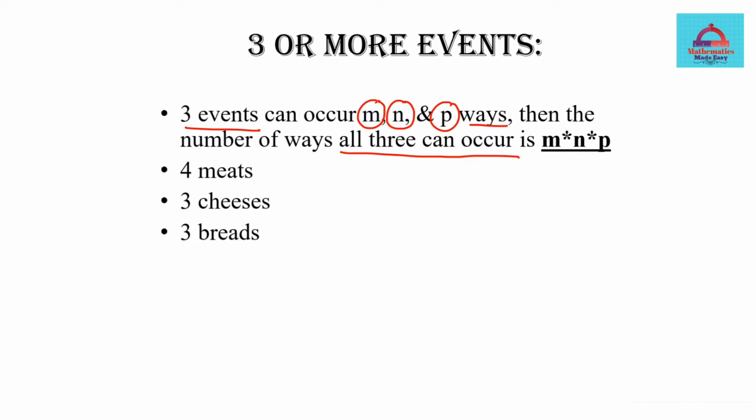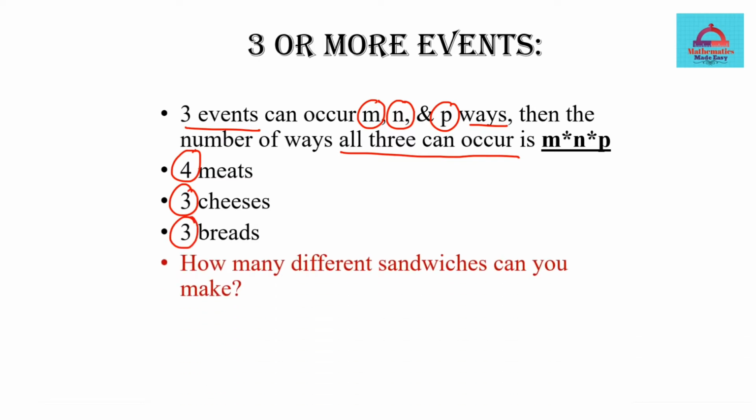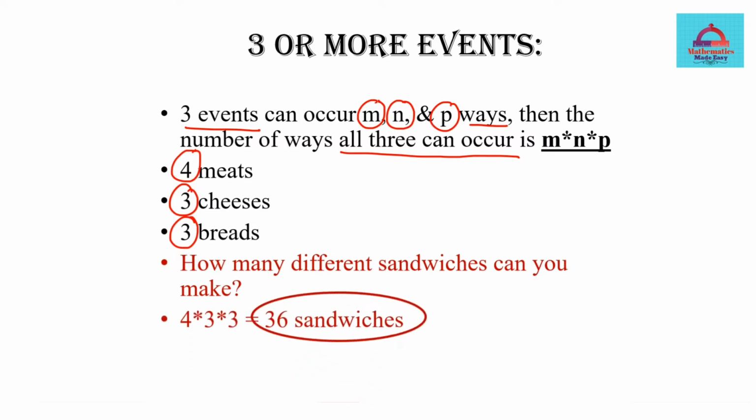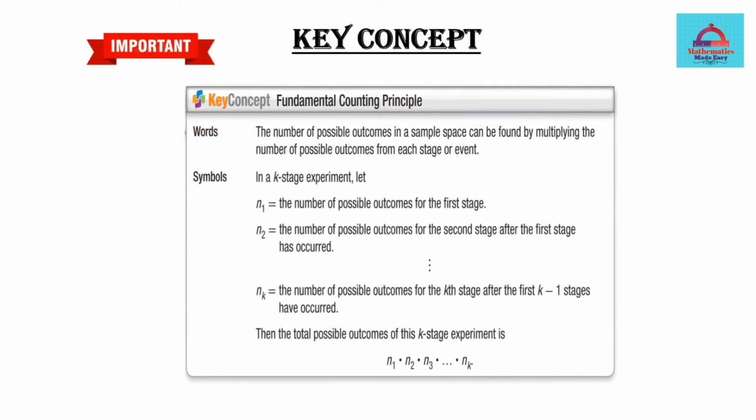So if you have now 4 possible choices for meat, as an example 3 for cheese and 3 for bread, then the total number of sandwiches that you could make would be simply by multiplying 4 with 3 with 3. So that is 4 multiplied with 3 with 3, that is 36 sandwiches. So that tells you that using the fundamental counting principle for 3 or more events you have the 36 possible choices here.